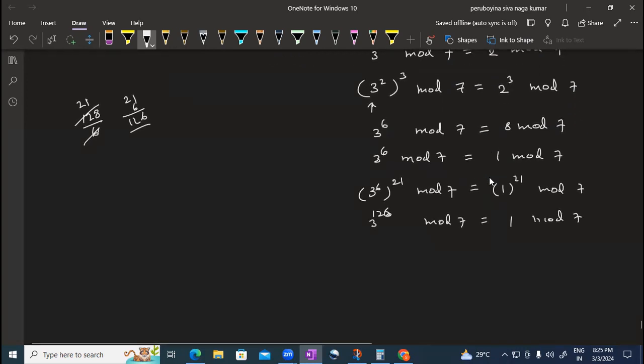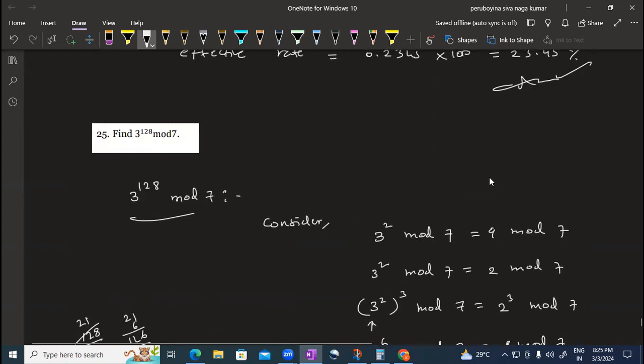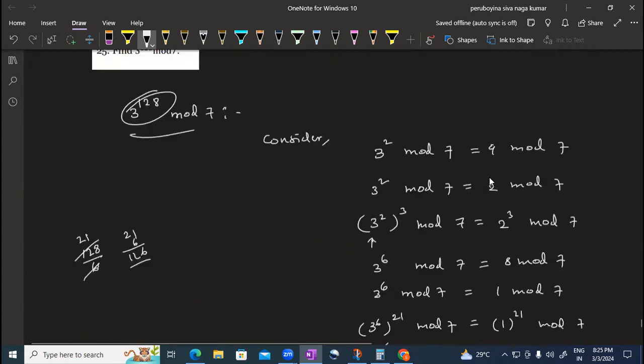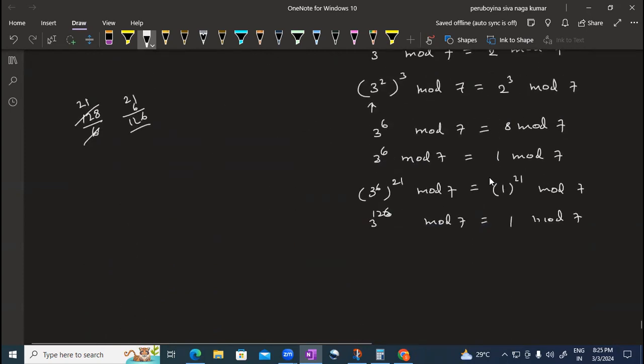And we need 126 only, but the question contains 128. So what to do is multiply by 3 square on both sides. So 3 power 126 is multiplied by 3 square. Don't do whole powers; just multiply by 3 square on either side.